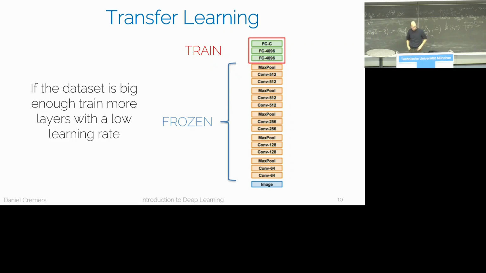How much you retrain depends, right? Depends on how much compute you have. Depends on how many training samples you have. If you have a lot of training data and a lot of compute, and all the money in the world, then you can train the whole network. And if not, you maybe start by training just the very last layer or the last 2 layers or the last 3 layers, right?